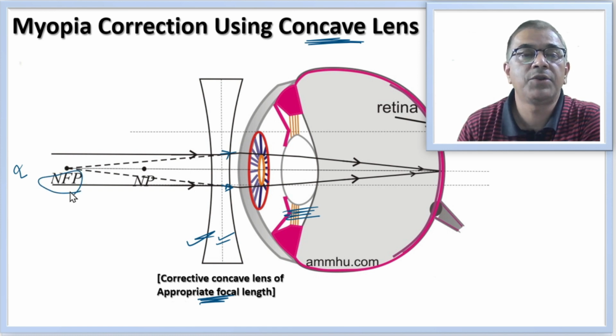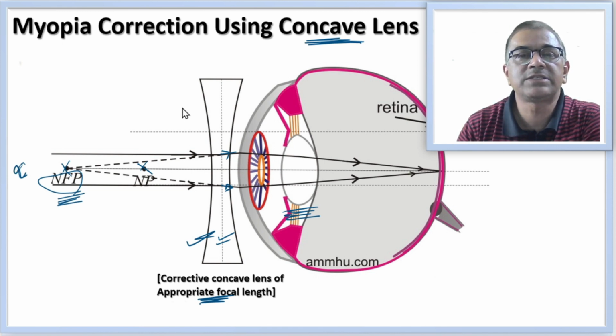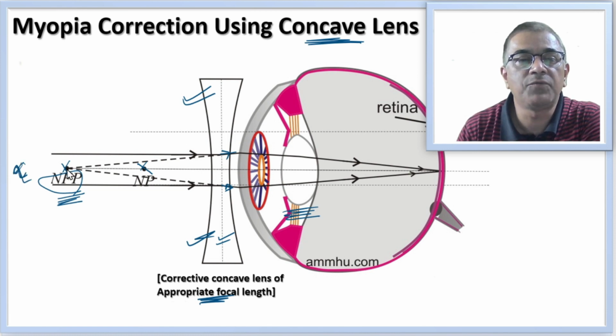Now the myopic person, I'm taking my case, I am able to see all the objects lying between the near point and the new far point. I am unable to see the objects lying very far or at infinity. So why am I able to see the objects lying at infinity? Because this concave lens helps us to make the image of the objects lying at infinity at the new far point.